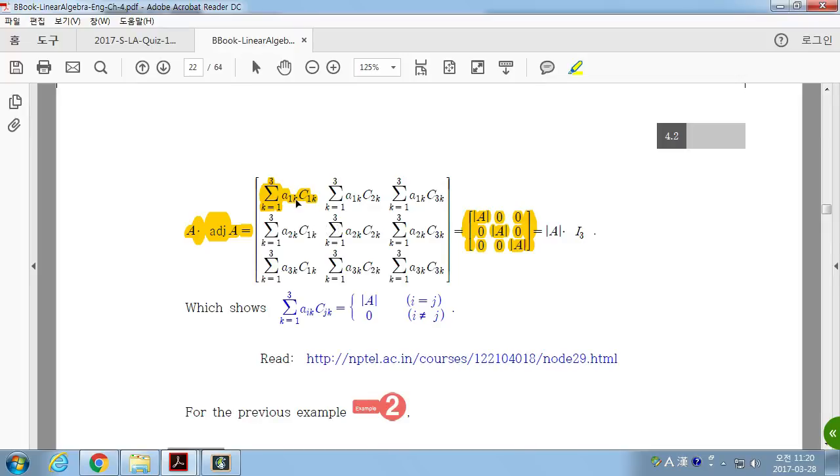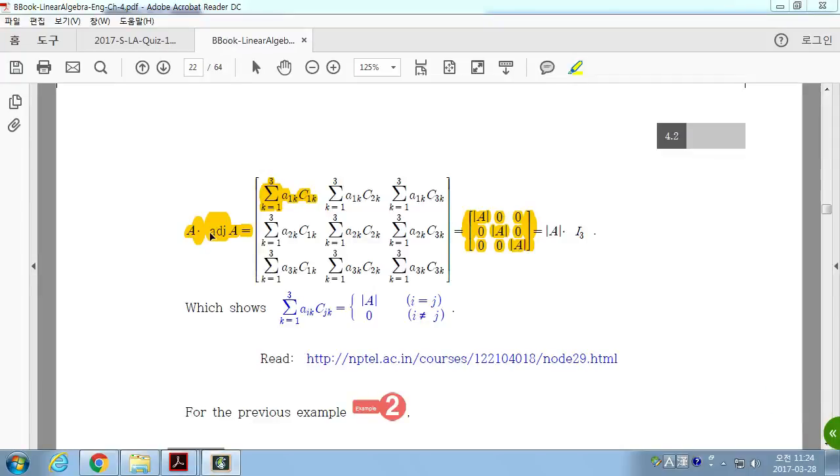If you check it, what is the first entry of this matrix? It is the inner product of the first row of A and the first column of the adjugate of A, which is A11 C11 plus A12 C12 plus A13 C13.